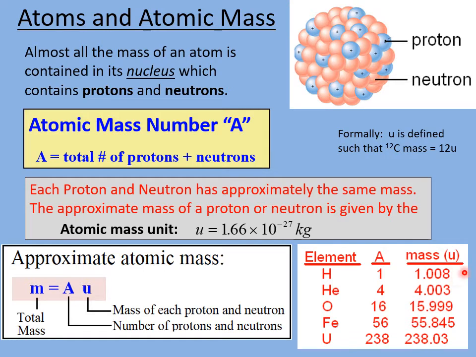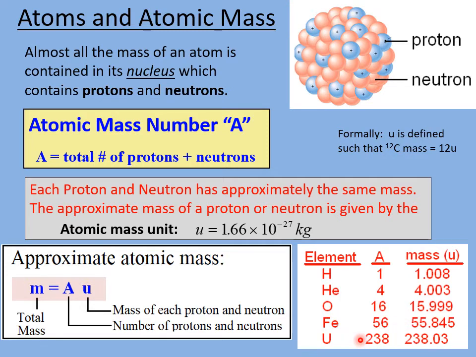Helium has 2 protons and 2 neutrons, so its atomic mass number is 4. You can see its actual mass is very close to 4. It's 4.003. So let's look at oxygen here. Oxygen has 8 protons and 8 neutrons for an atomic mass number of 16, and you can see its actual mass is 15.999, which rounds, of course, to 16. Iron, atomic mass number 56, actual mass 55.8. Again, very close.